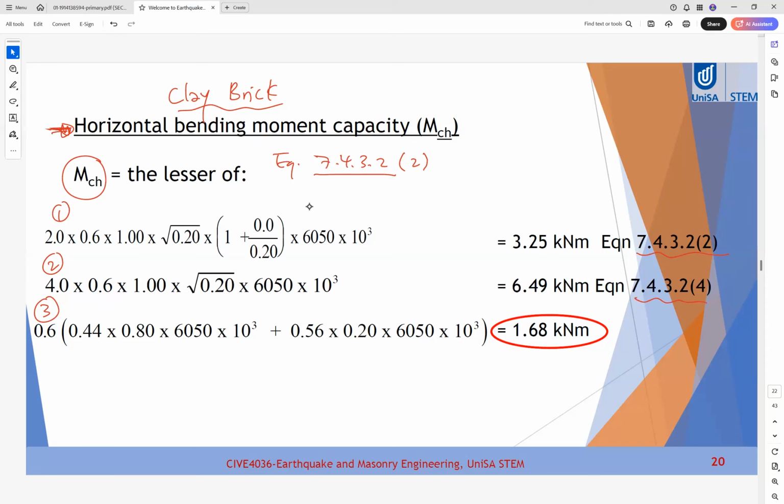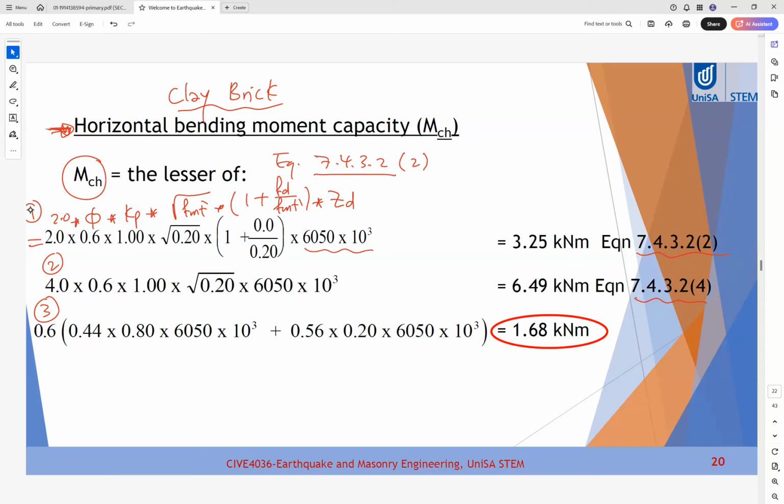The first value of MCH equals 2 times phi times KB times root FMT dash times 1 plus FD over FMT dash, times ZD.